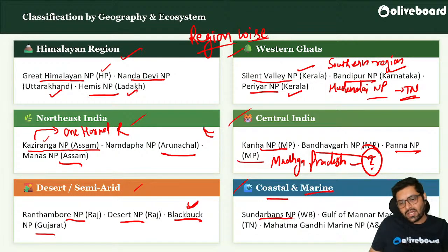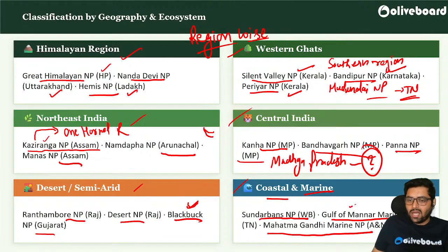Then we have coastal marine. We have Sundarban National Park, West Bengal, Gulf of Mannar Marine National Park, Mahatma Gandhi Marine National Park, Andaman and Nicobar. The Gulf of Mannar is in Tamil Nadu, Sundarbans in West Bengal. Largest delta mangrove. Correct?